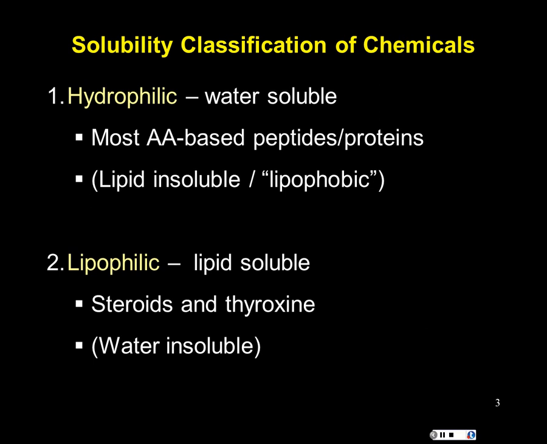Just diffuse in, where then it would interact with its intracellular receptor. Your lipid soluble receptors are inside of the target cell because the molecule is actually lipid soluble. It can just simply diffuse into the target.